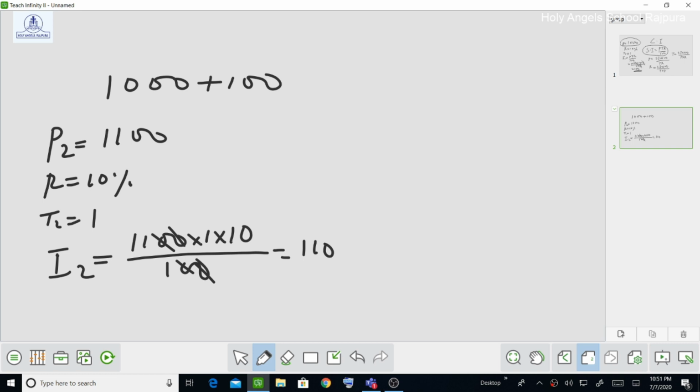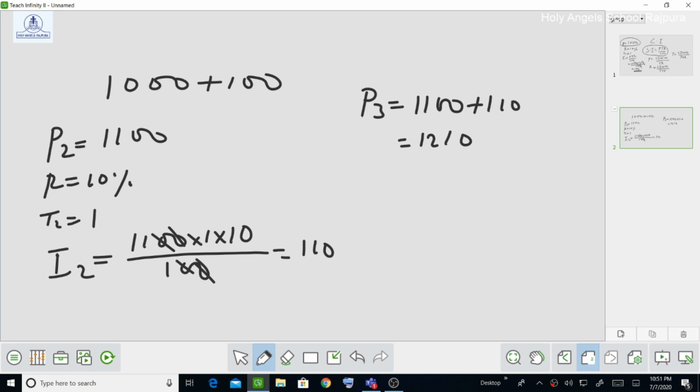So what happened? When you calculate the principal for the third year, this 110 will be added, that is P3, principal for the third year, becomes 1100 plus 110, that is equal to 1210. So this becomes the principal for the third year.